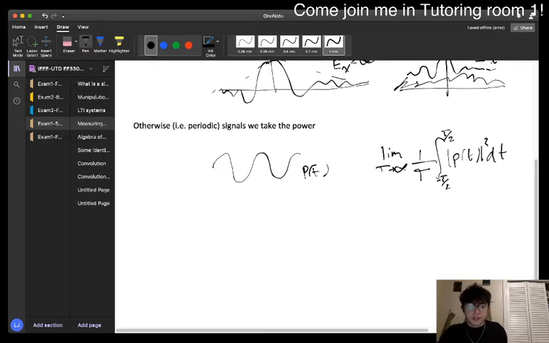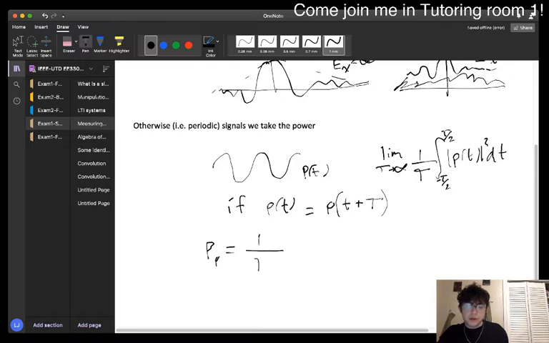But if we have a periodic signal, so if P of t is equal to P of t plus big T, so we shift it over by big T, then the power of the signal is 1 over T times the integral over one period, from minus T over 2 to T over 2.